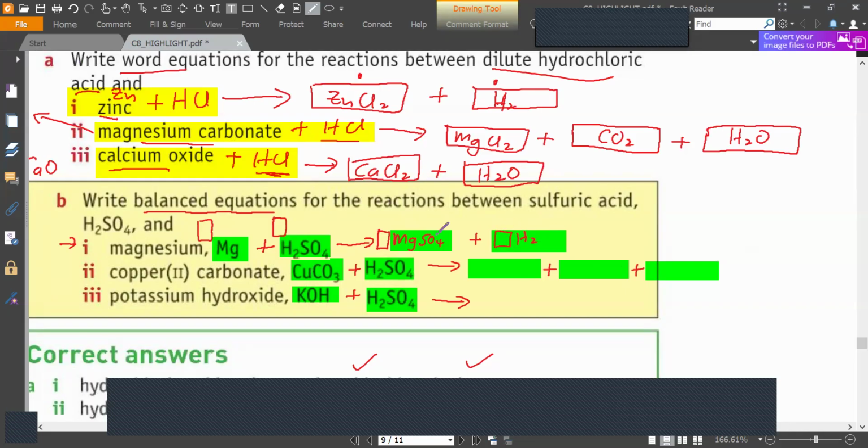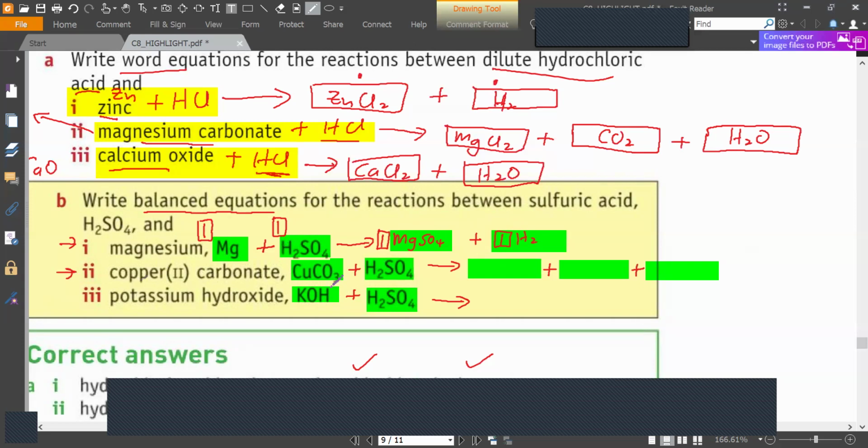The magnesium, we will put how many moles? 1. Yes. Sulfuric acid, 1. Magnesium sulfate, 1, and hydrogen gas, 1. Yes, excellent.